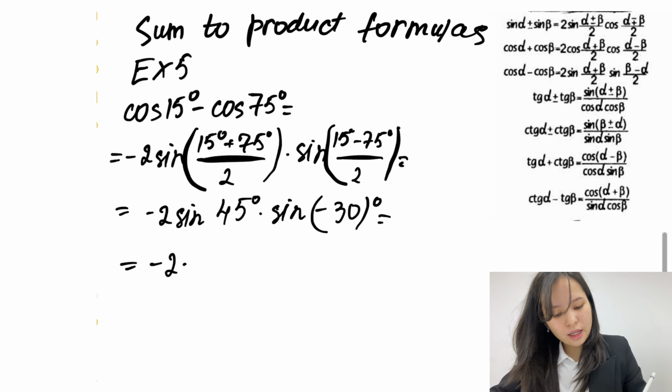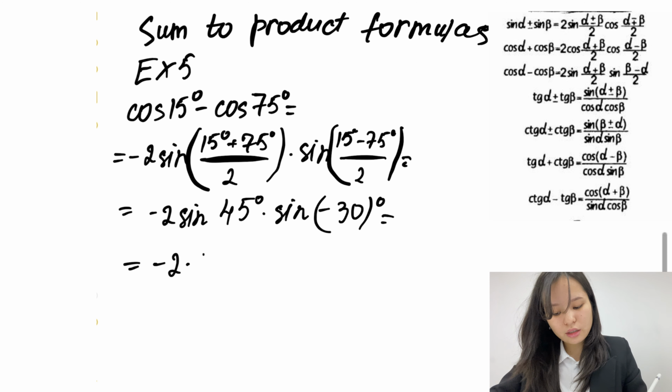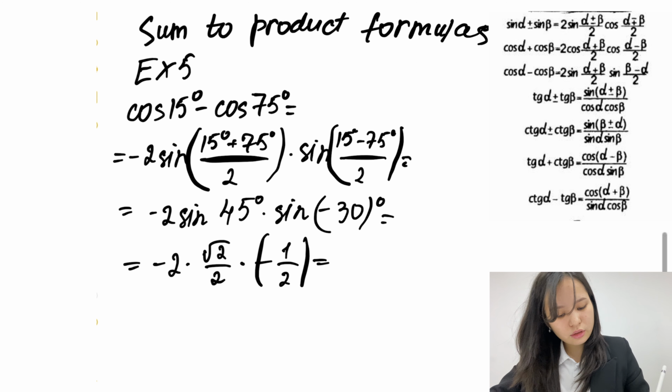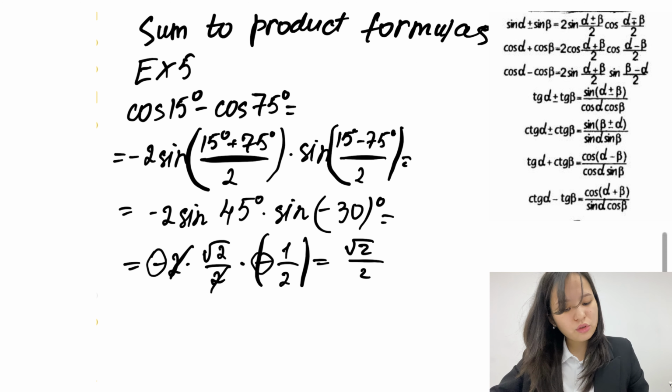Minus 2 multiplied by sine 45 degrees is equal to root of 2 divided by 2, multiplied by sine minus 30 degrees, which is minus 1 over 2. It's equal to root of 2 divided by 2. This minus and this minus, when we multiply 2 minus signs, it will be a plus sign.